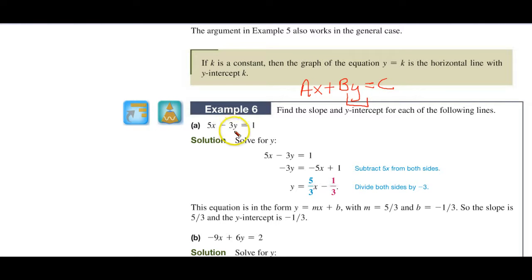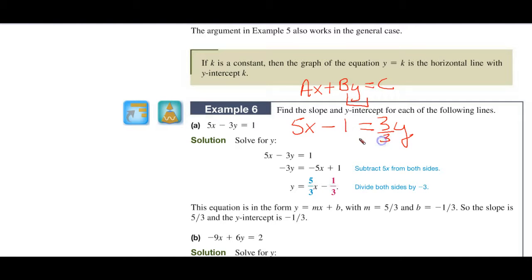Now, a couple of ways to do it. They do it one way here. I'll show you another way. I'm going to take my y because I want it positive, and I'm going to move it over to this side. I have 5x, moving my negative 3y over, making it positive, and this transposes like so.